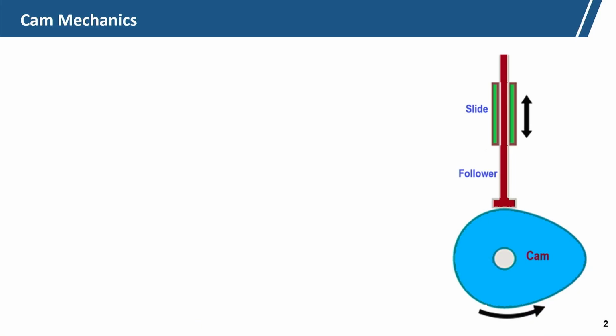So, cam mechanics is that there are basically three components. One is the cam, this is the cam, okay, and then the follower, which transmits the motion, generally the rotational motion of the cam, to a linear motion, and there will be a slider through which the follower is actually controlled.